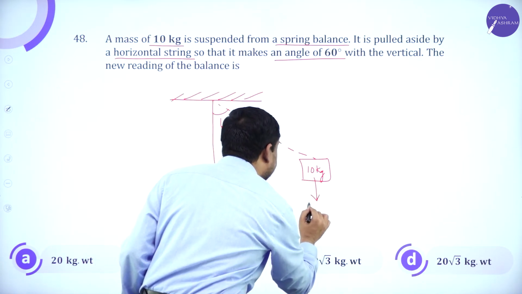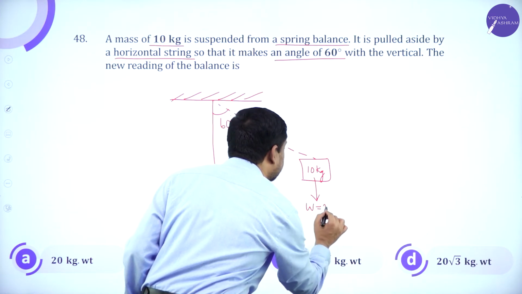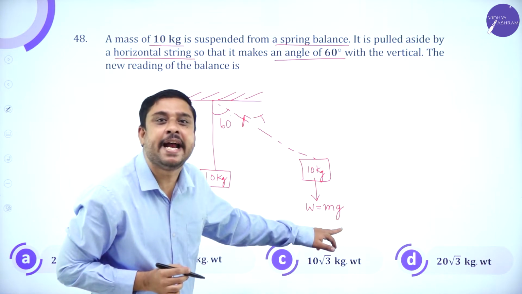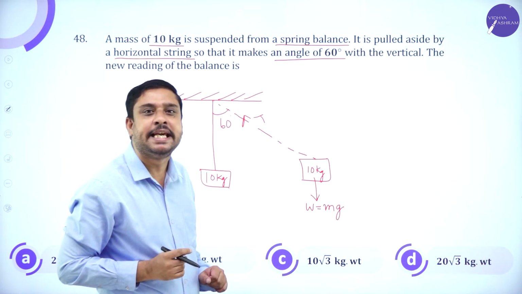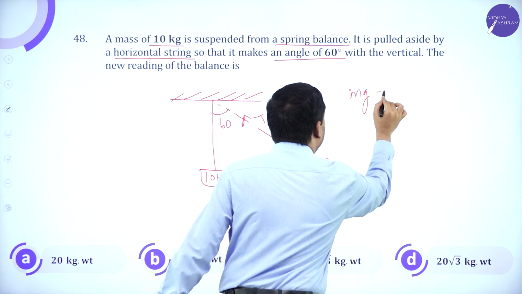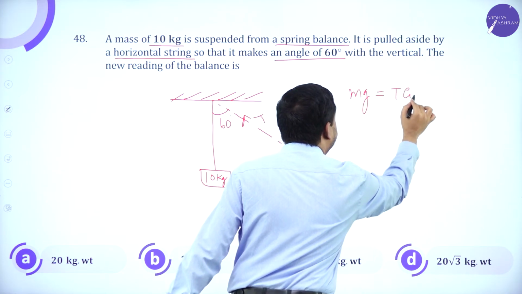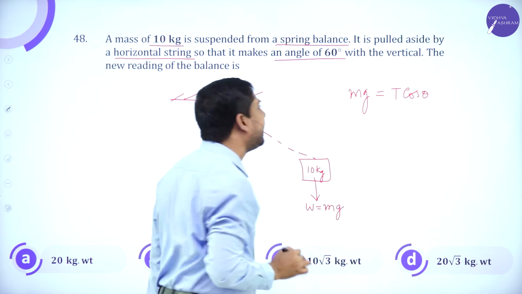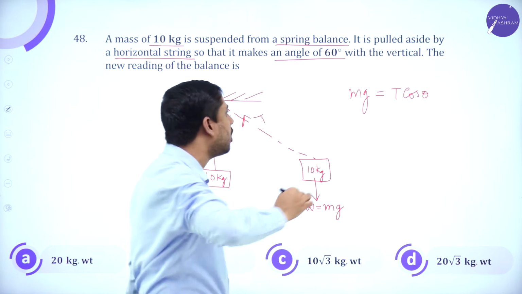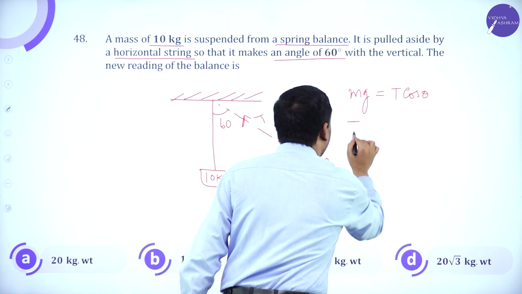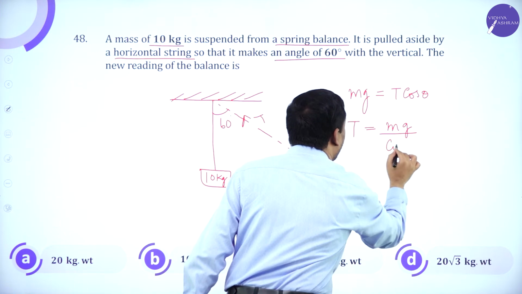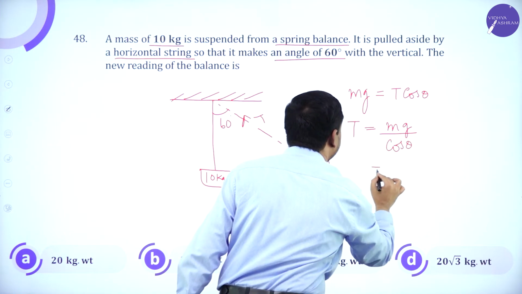Now, the downward force is the weight which is mg, and this mg should be equal to T cos theta, the tension T cos theta, or T is mg by cos theta.